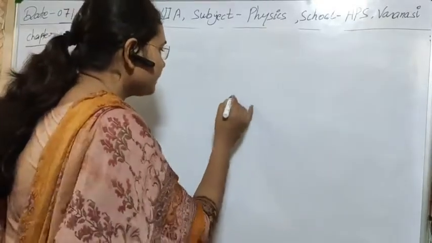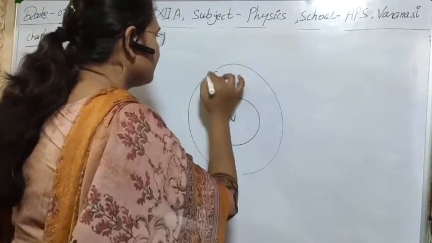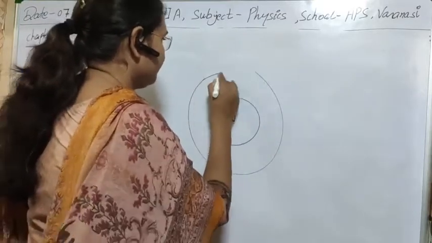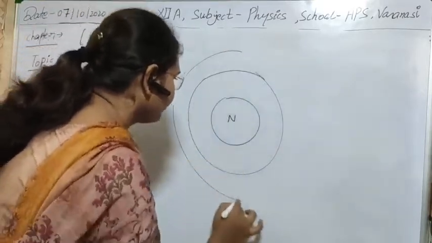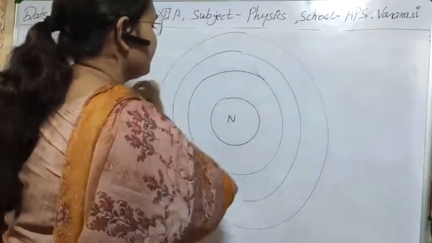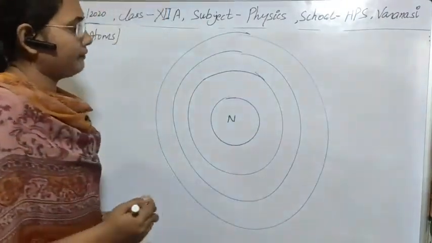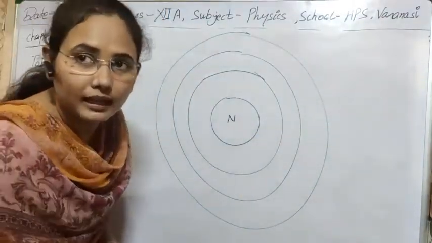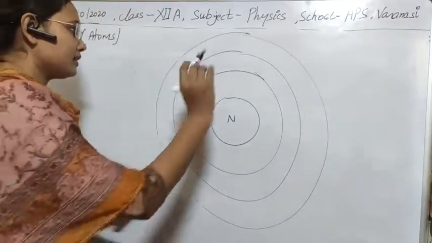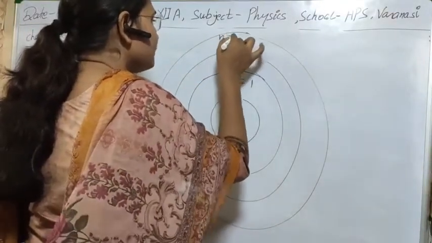So first, suppose that this is the nucleus, and these are simply different circular orbits. I should actually draw them bigger, but let's see. So this is n equal to 1, n equal to 2, n equal to 3.